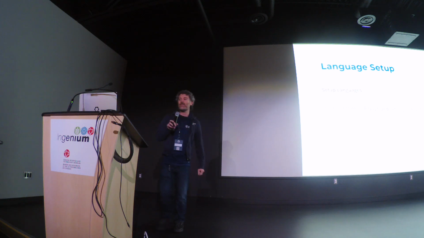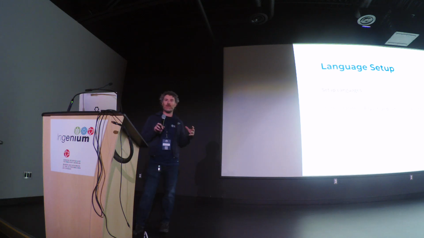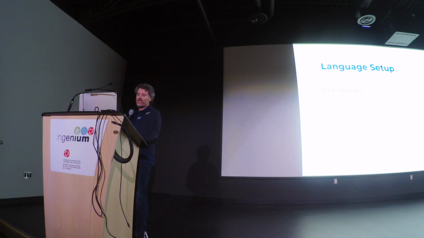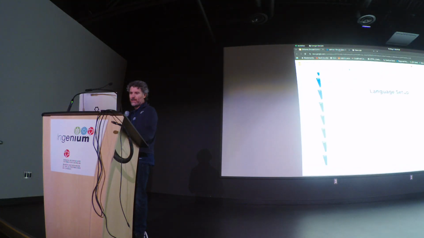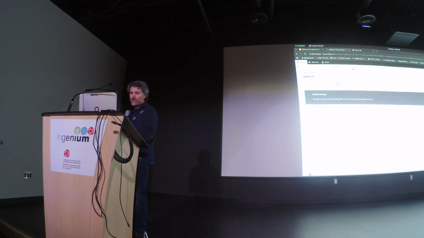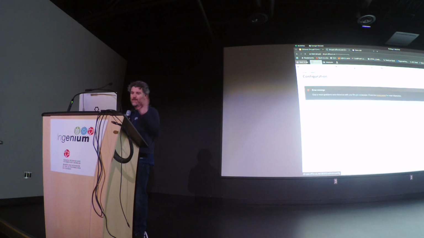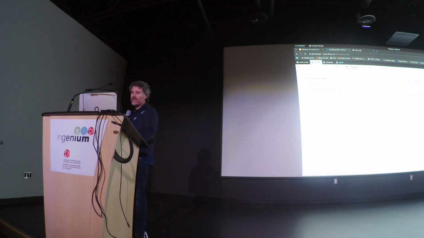So, language setup. This comes with the languages module, and this lets us set up various languages in Drupal. Let's go and take a look at what that looks like. If we have our Drupal site on configuration, right here under region and language, we have languages.